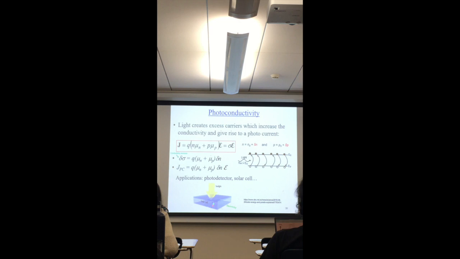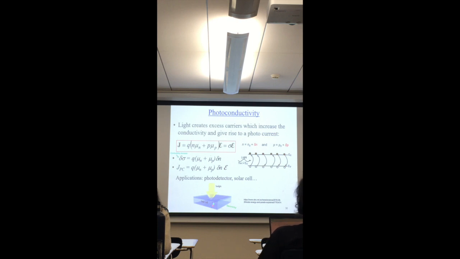For equilibrium, we only have n naught and p naught. If we shine a light, we have this excess delta n and delta p. So the conductivity increase is related to the excess carriers. Again, we are creating electron-hole pairs, so delta n is always the same as delta p. Okay, so this is the conductivity increase.